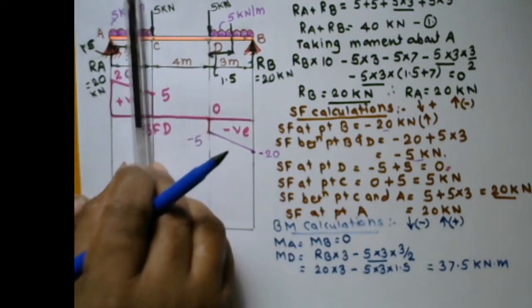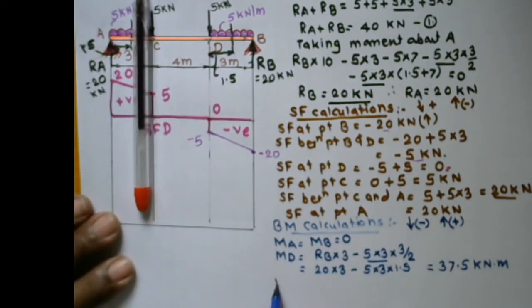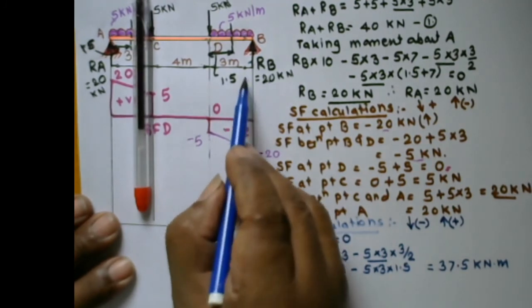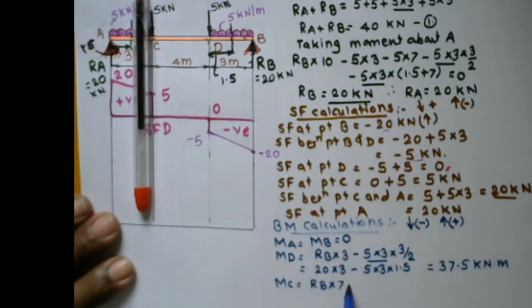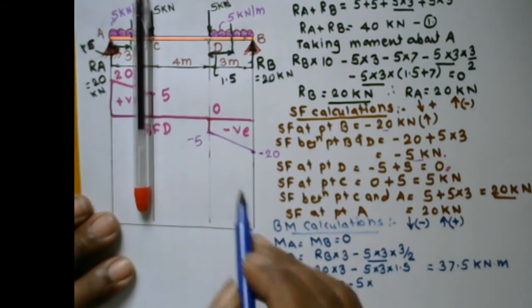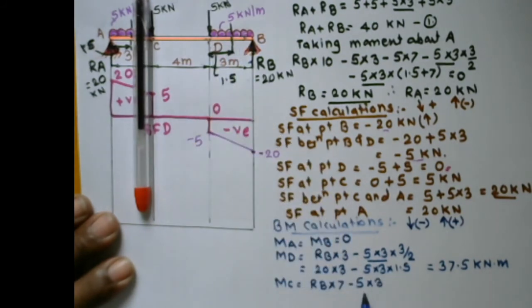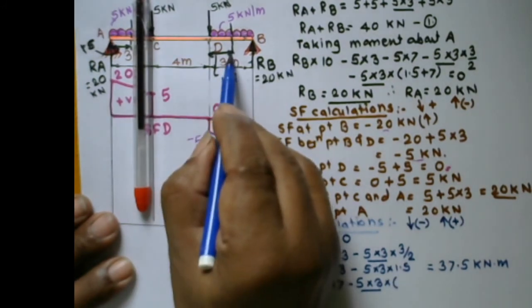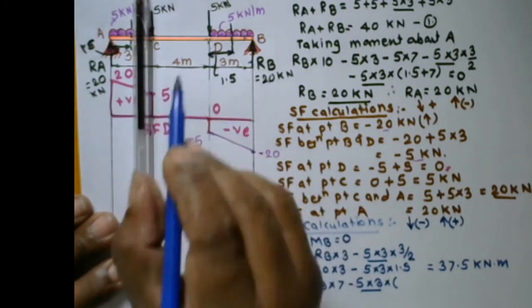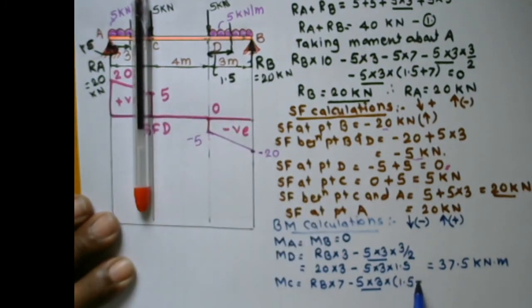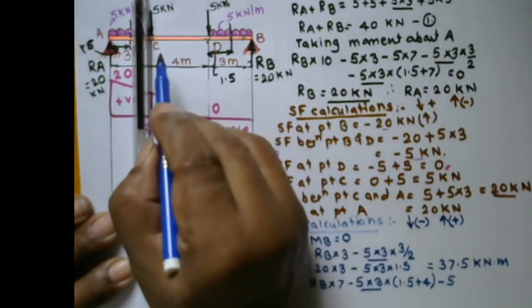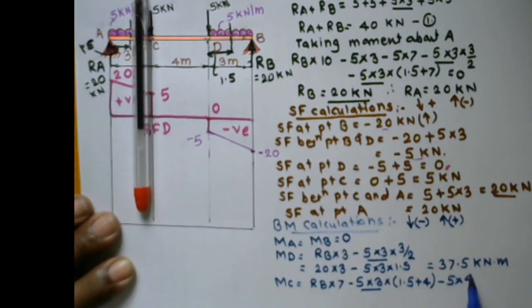Now next point C. Bending moment at point C is equal to, again, RB into its distance up to the point C, 7, minus first the UDL, 5 into 3, the UDL rate, and this dimension 1.5 and this 4, so you may write 1.5 plus 4, minus the point load 5 into its distance up to the point C, 4.